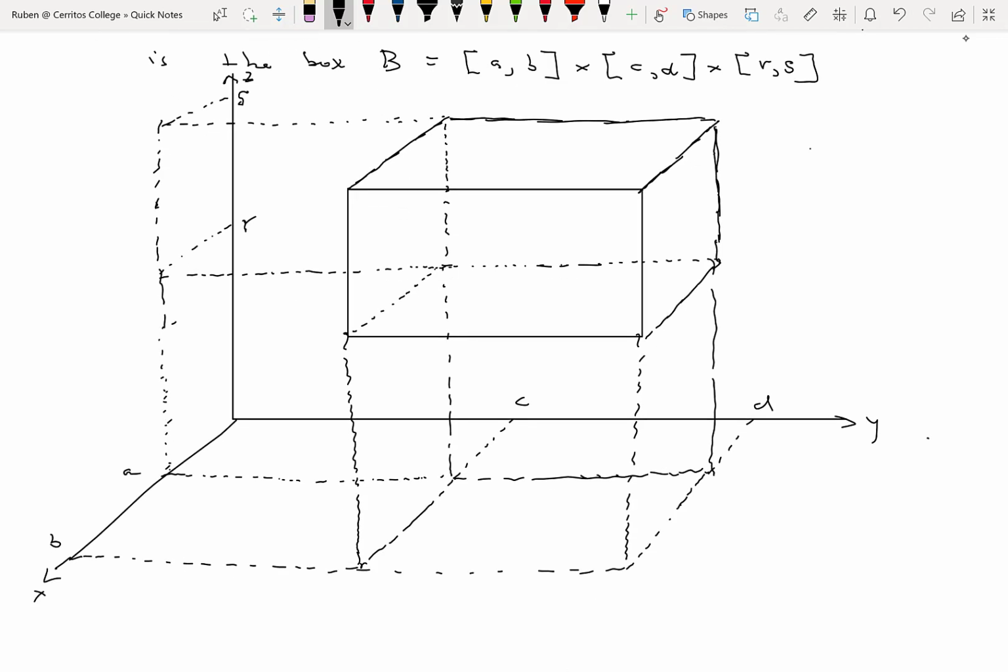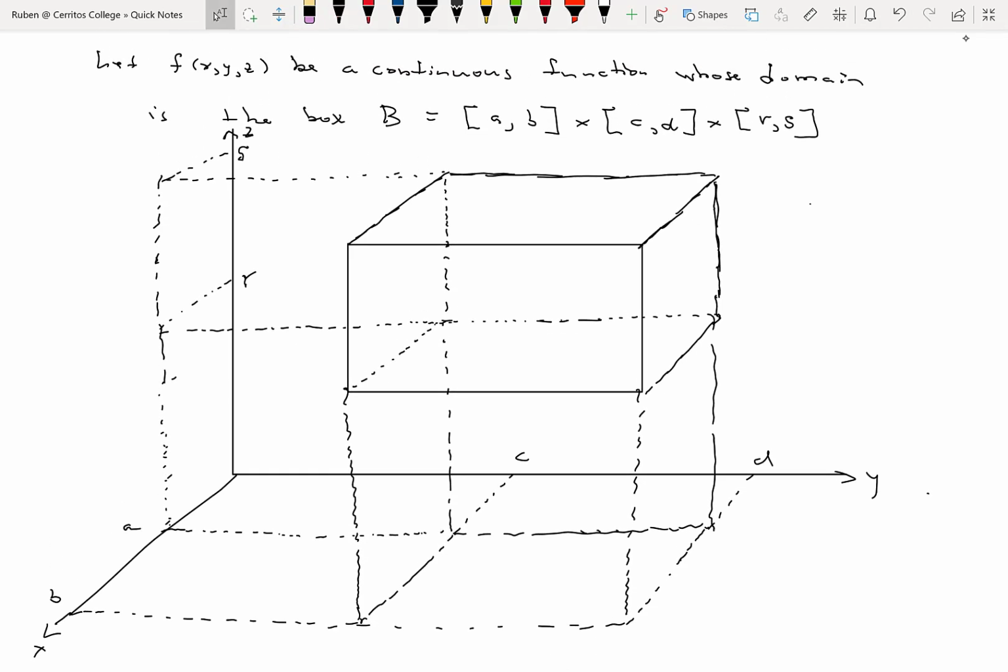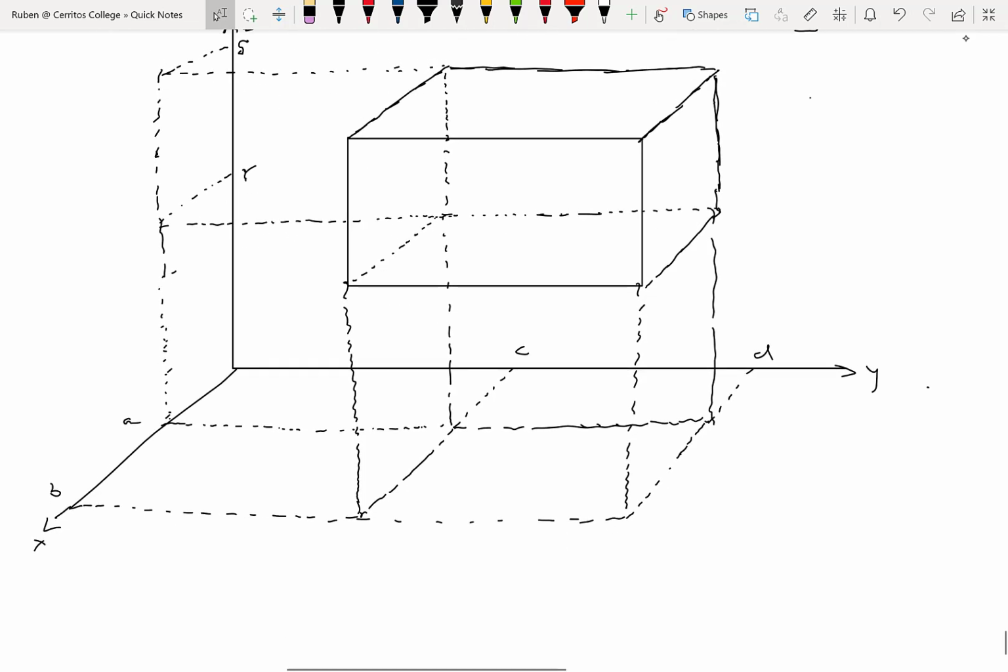Okay, so hopefully you see a box whose dimensions are defined by the interval AB cross CD cross RS. The next thing we do is the same as the next thing we did with the other integral cases. We divide up the intervals AB, CD, and RS into subintervals of equal length on the particular axes.